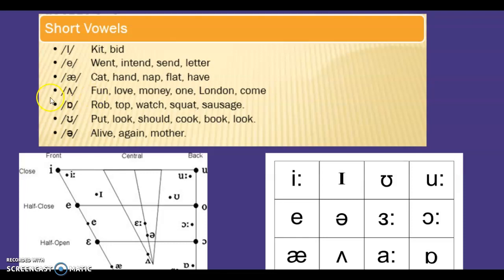Okay? So it's fun, love, money, one, London, come. These three words are always mispronounced. Instead of love, you say love. Instead of money, you say money. And instead of come, you say come.